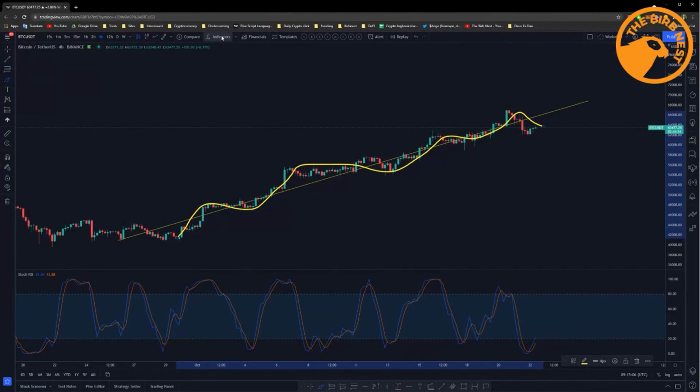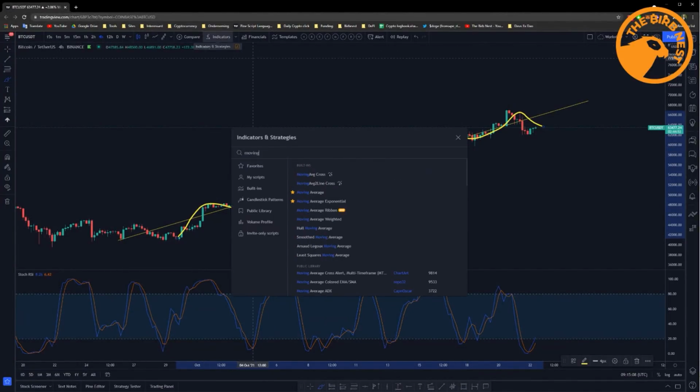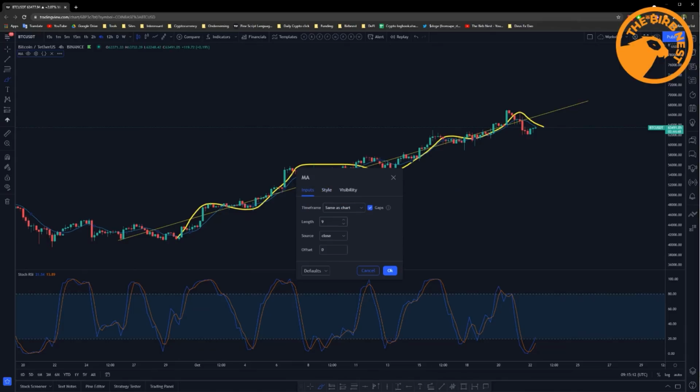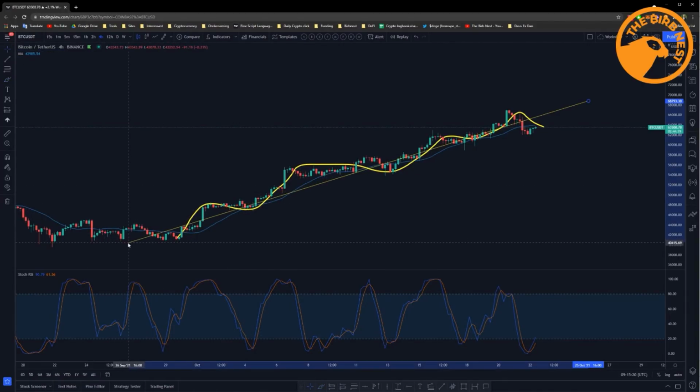You could also add a moving average, for example, to get an average price. Let's pick maybe the 20 over here, which you will see is also around that line. Maybe we could fit that line a little bit better based on that moving average. So we have some kind of model of price around which price on average fluctuates.